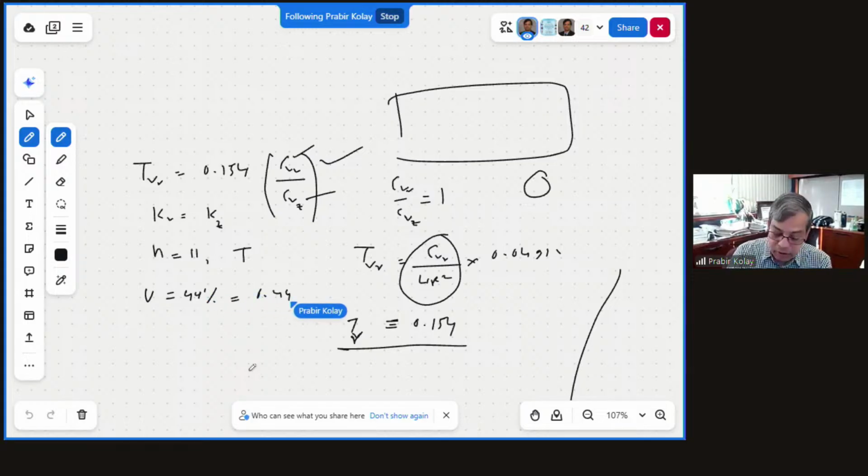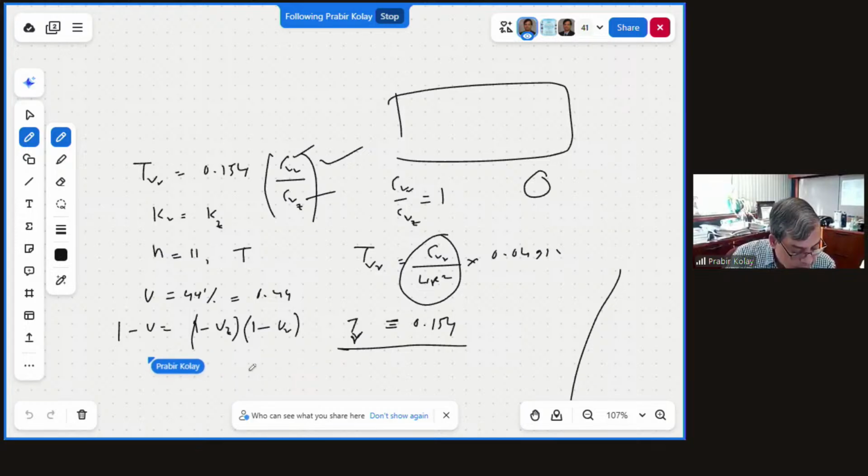Then you need to use the equation 1 minus U is equal to (1 minus UZ), that is the vertical direction, times (1 minus UR), the radial direction. So you can calculate the degree of consolidation combining the radial and the vertical.